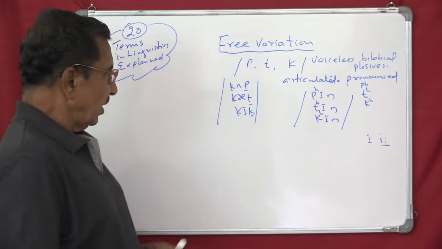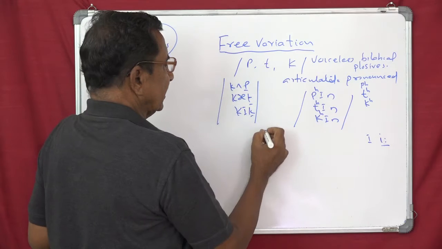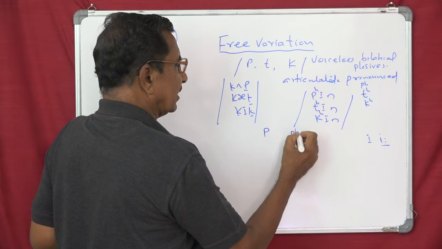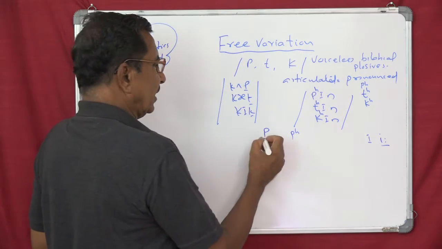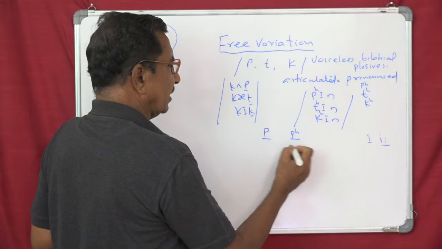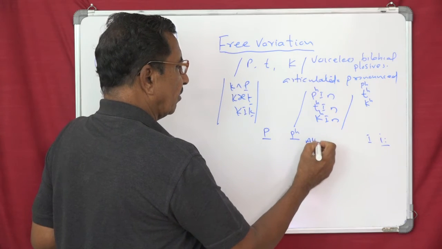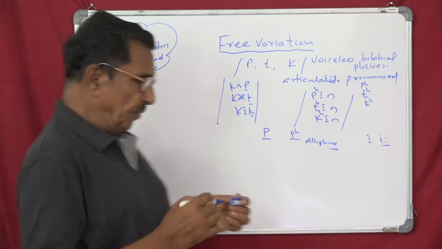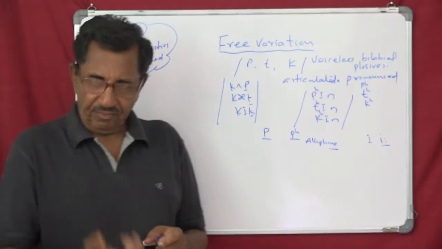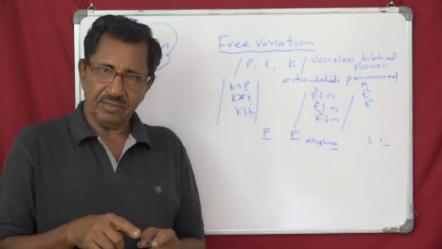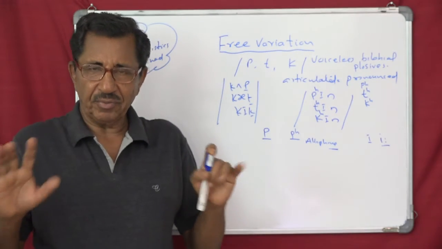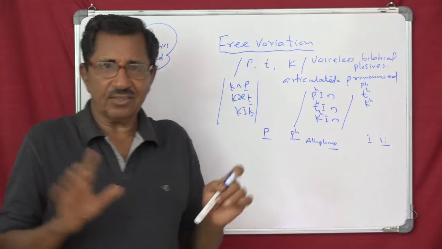So this is the phoneme and this is the variation, or what we say, this is the phoneme, this is the allophone. So, free variation means if you use an allophone instead of a phoneme, it does not make any change of meaning. It does not affect any change of meaning.